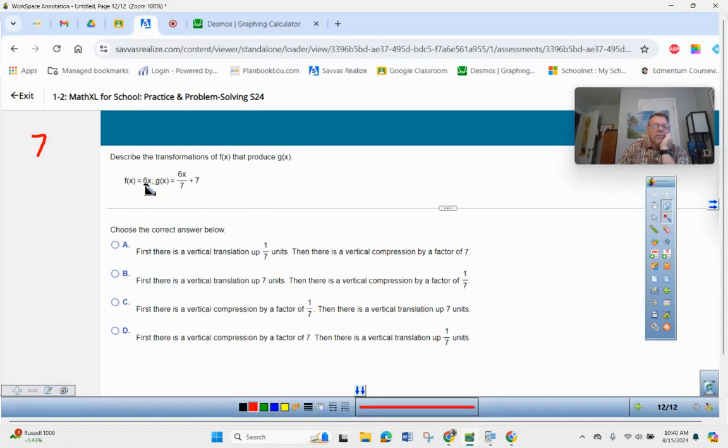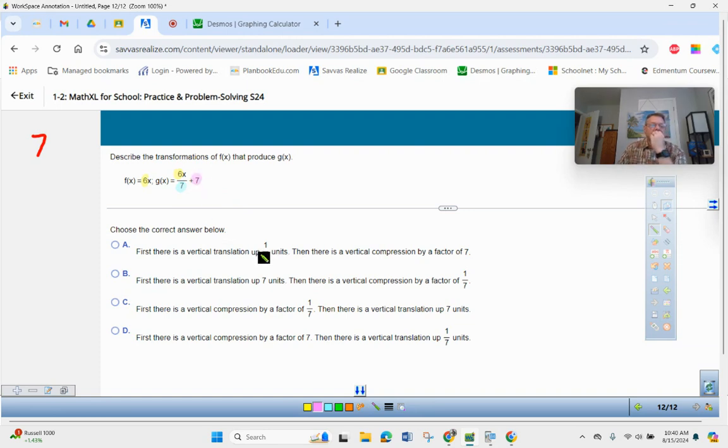So what happened from f of x to g of x? Well, one thing I'm noticing here is what's the same? They both have a 6x, don't they? So what are the new things? The new things are the 7 over here and the 7 over here.